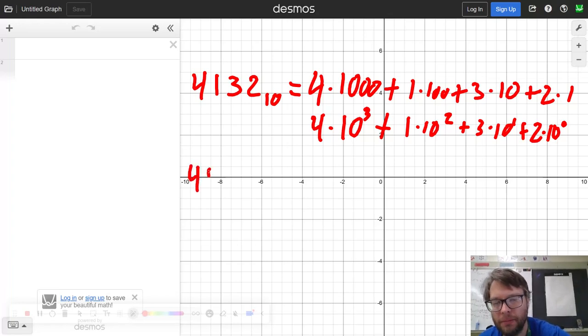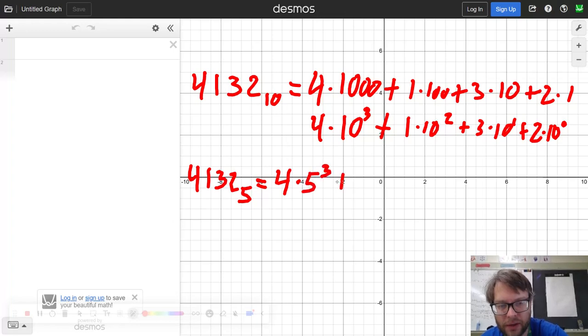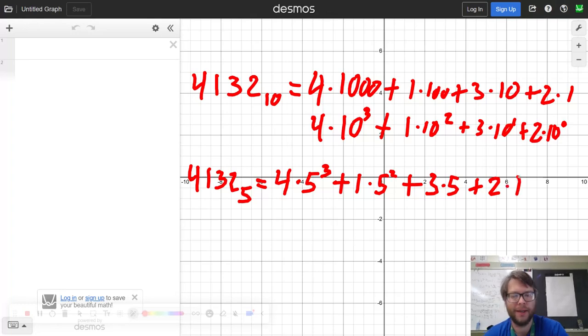Now if I look at the number 4132, but I write it in a different base, something like base 5, then that means 4 times 5 to the third plus 1 times 5 squared plus 3 times 5 plus 2 times 1. And if I type that into the calculator, I get something. Let's see.